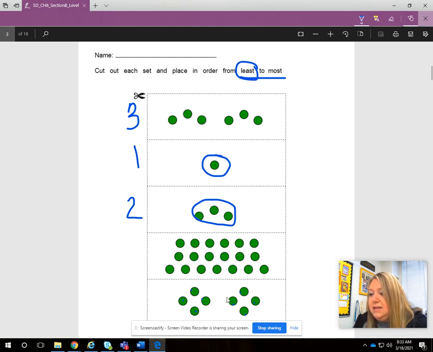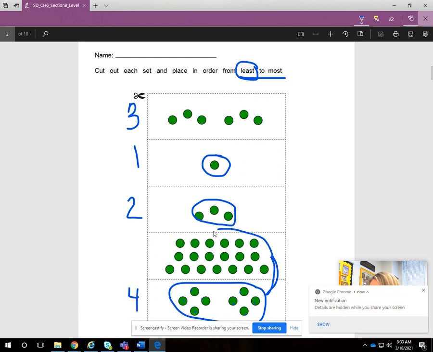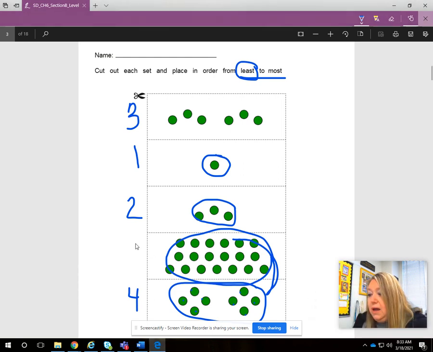Which one has the least between these two right here? I think definitely this one has the least amount. So it's going to be number 4. And then the one with the most is this one right here. Obviously, it has a lot more. So we are going to definitely have that one as the most.